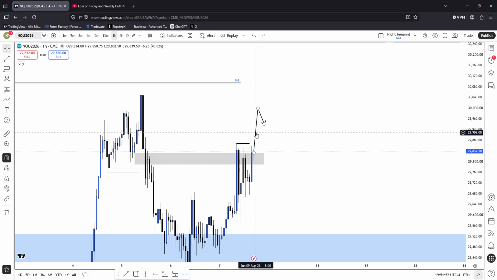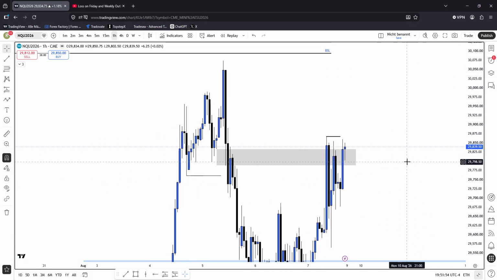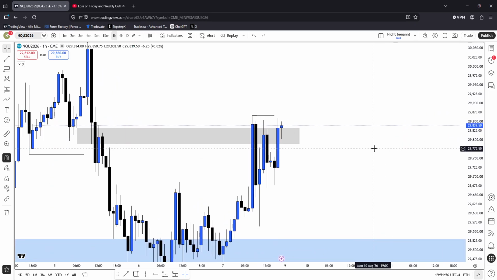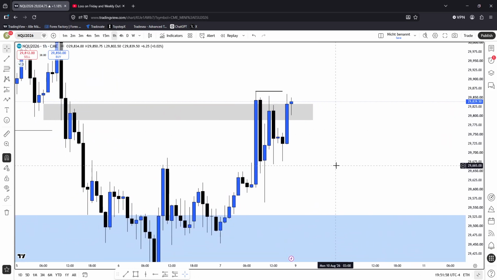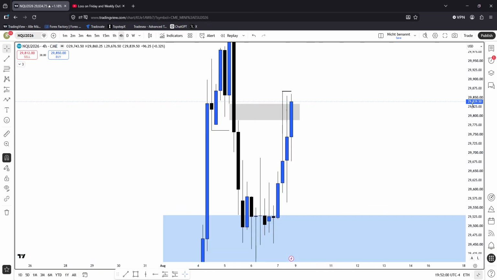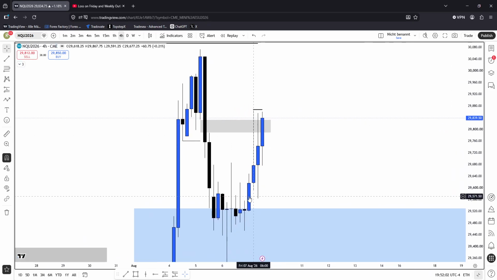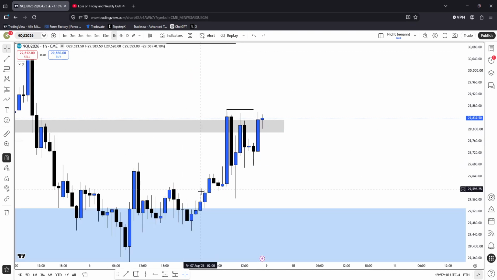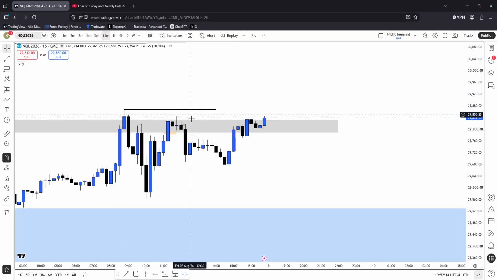The best case scenario for me would be, I mean, when we take a look at this, this is obviously bullish right now. We are respecting this fair value gap here. We wicked inside it and displaced back to the upside.